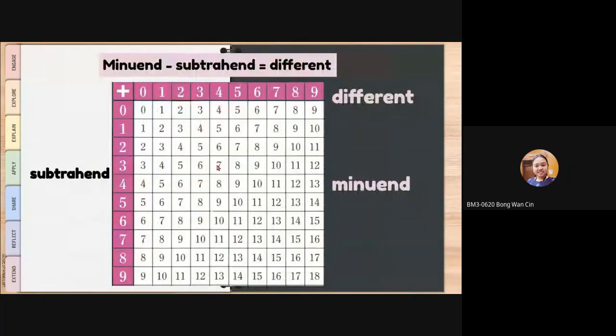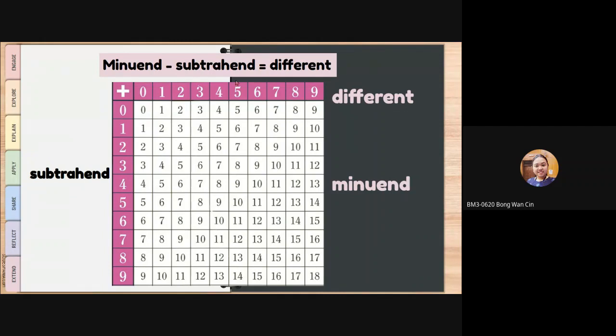Okay, first we will look at the addition tables. We know that in subtraction, the first number we call the minuend, and the second number is the subtrahend. When the minuend subtracts the subtrahend, it gives us a number called the difference.